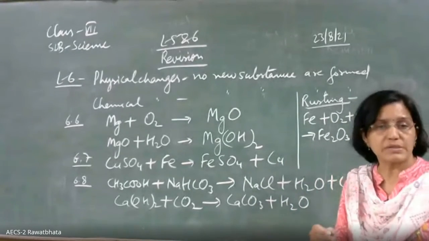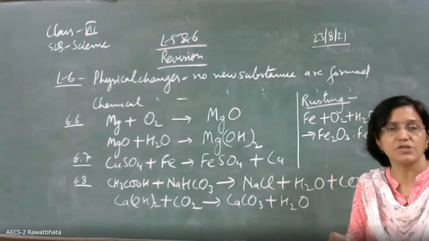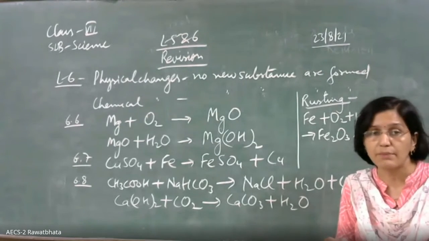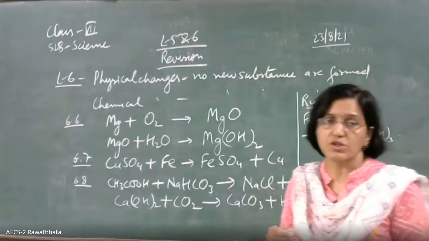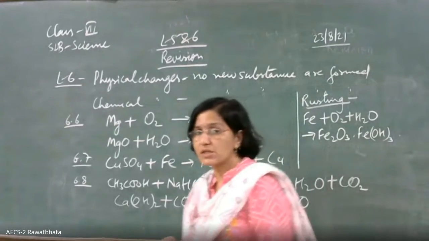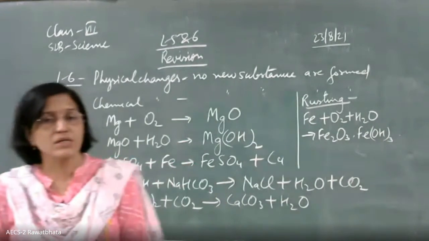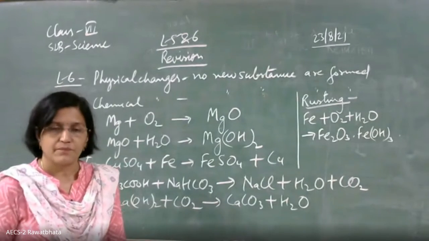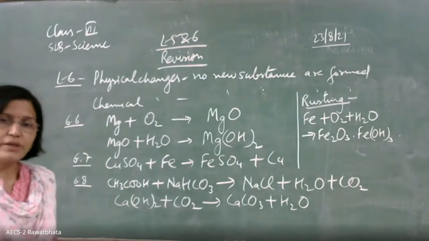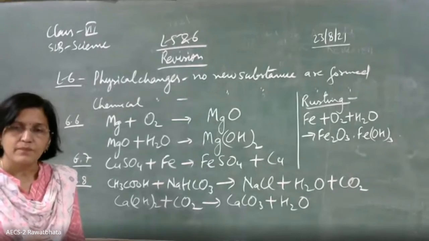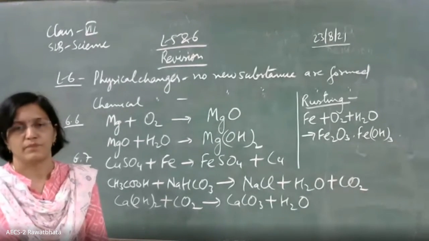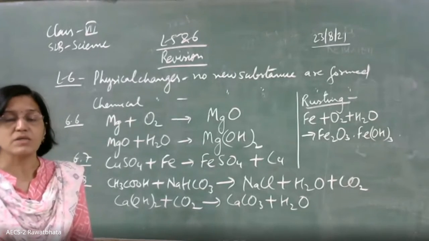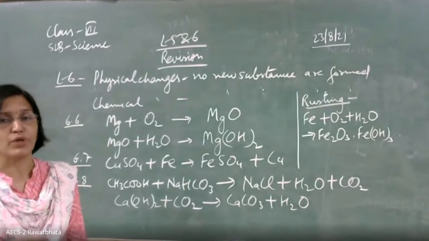In case of crystallization, the crystal structure remains intact, it is not damaged. That is the most important advantage of making crystals with the crystallization method. We make a saturated solution and allow it to cool down on its own. That gives us crystals of the compound.